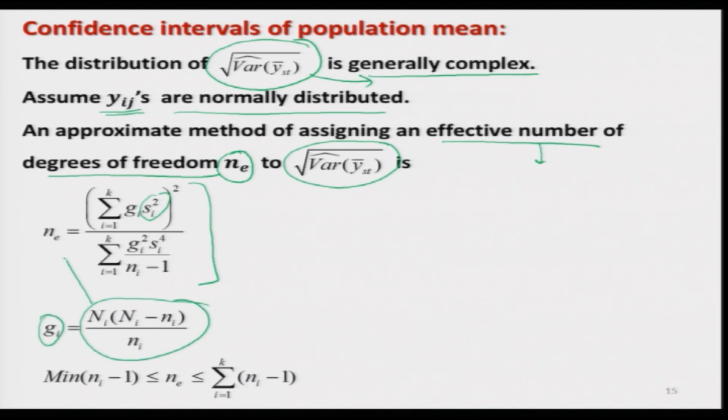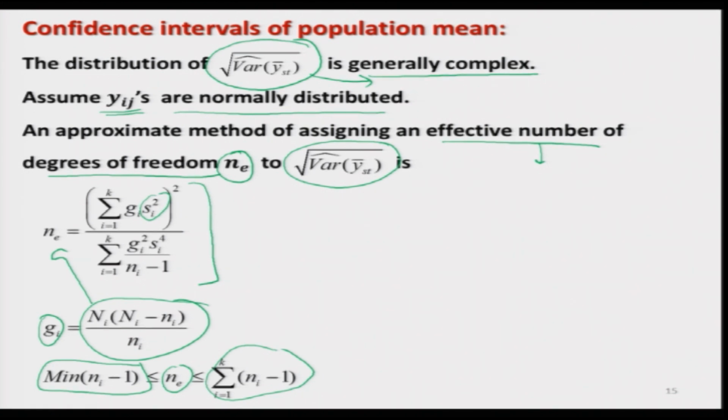If you compute n and choose its value, it should lie between the minimum of all the ni minus 1 and the summation of ni minus 1, with i going from 1 to k. So whatever value of n you get, it will lie between these two limits.